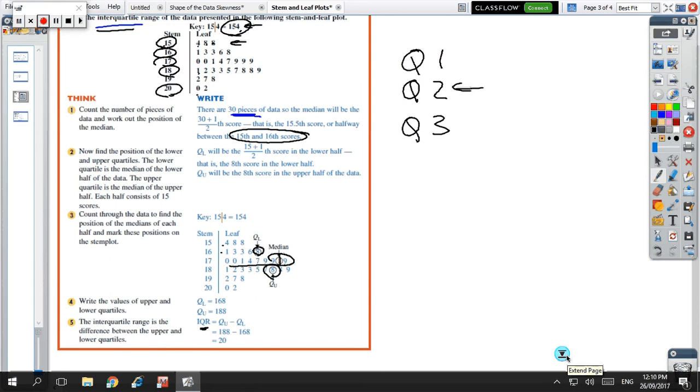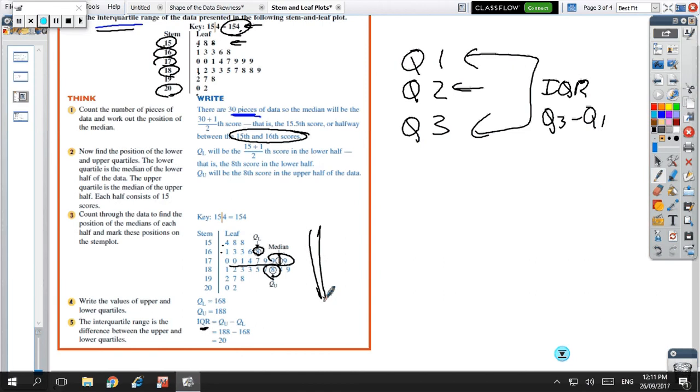There's no shortcut. You've still got to do the hard work to find the numbers for your Q1, Q2, Q3. The interquartile range is just Q3 minus Q1. But there's no shortcut. You've just still got to work your way through it. Okay, copy and come across.